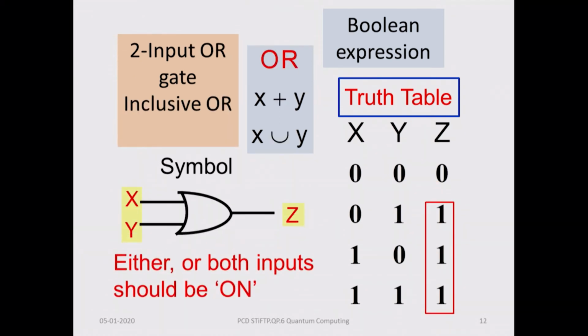Then you have the OR gate, in which the truth value is unity if either or both of the inputs are on. Okay, any one is enough, but if both are on, then also you get output 1, not otherwise.